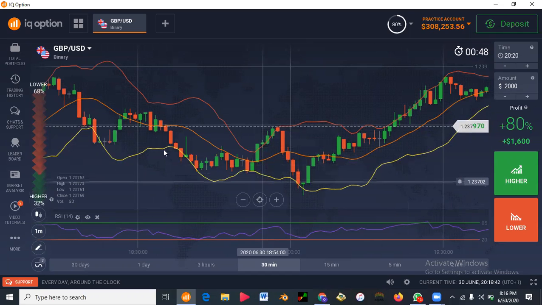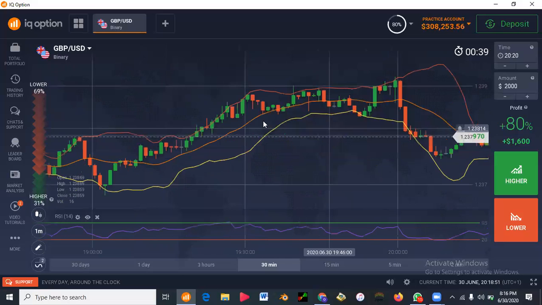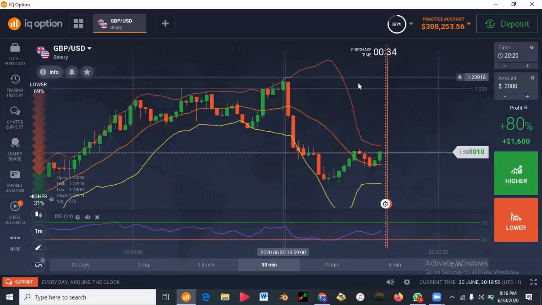That's just the basics. It coordinates very well with the RSI. So you wait for the RSI to touch the line and check the Bollinger Band. If it's out of the band, you can place it.